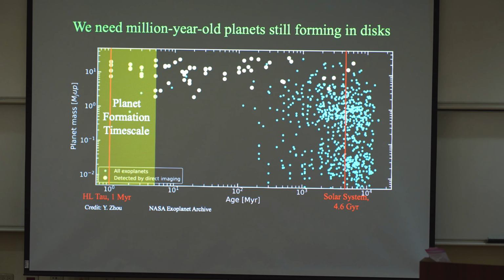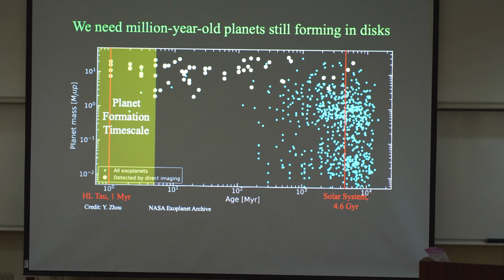Without going into the details, let's just say this is caused by the fact that the two most prolific planet detection techniques, radial velocity and transit surveys, work the best for old stars. They don't work well for young stars, which is why there are very few planets located within a few million years around stars with a protoplanetary disk.